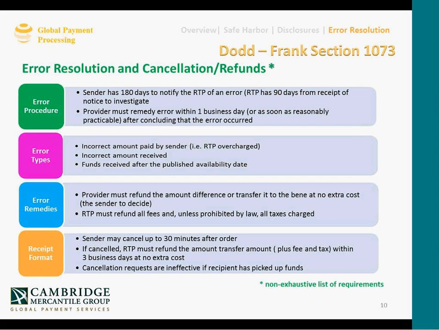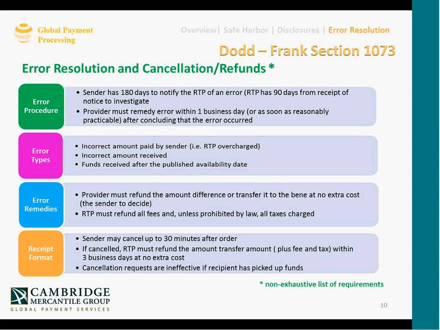Let's go back to error procedures. We talked about the 30-minute window, and that was their first right of resolution, the ability to cancel. Second, the consumer has the ability to come back within 180 days and notify you, the community bank, that there's a problem.